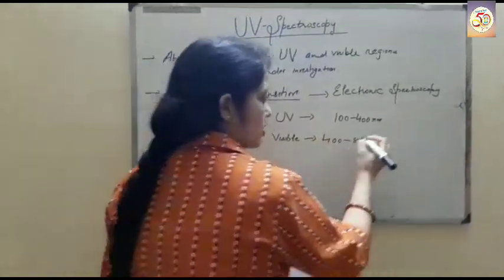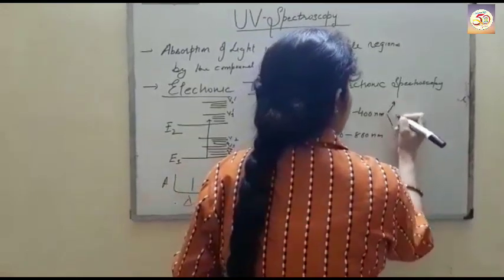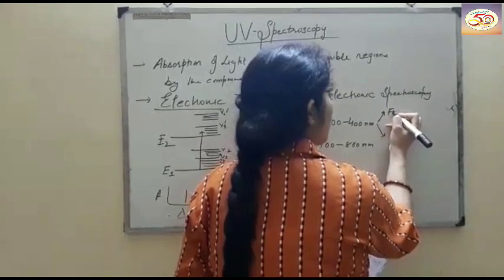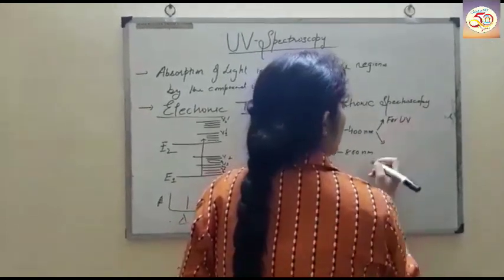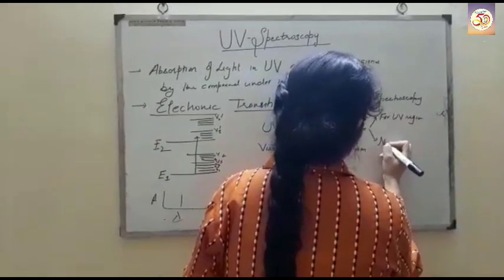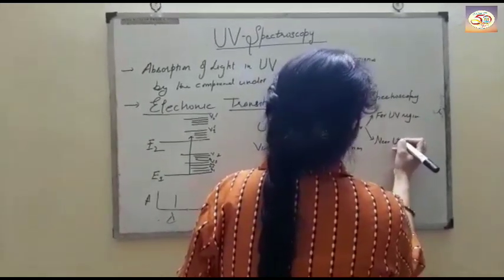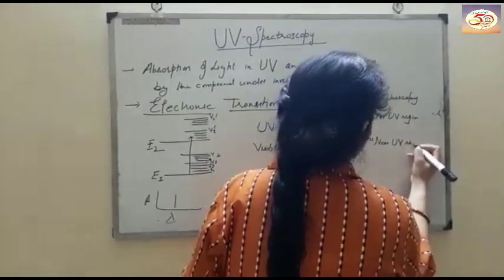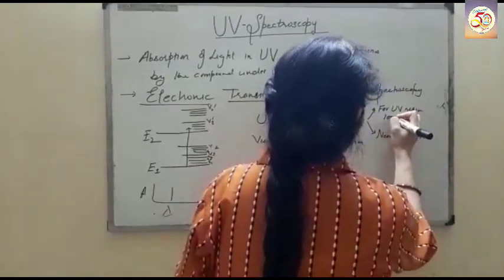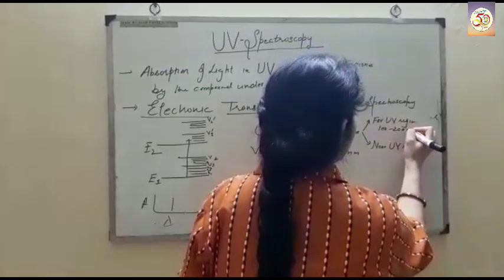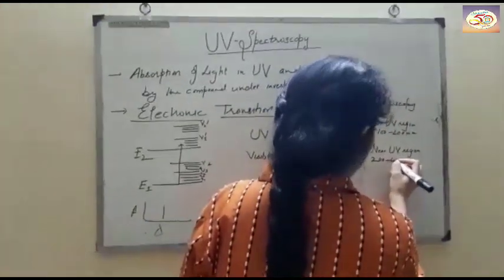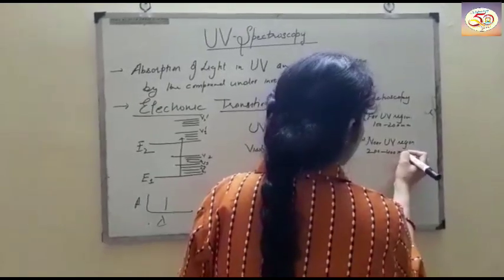The UV region is further subdivided into the far UV region and the near UV region. Far UV ranges from 100 to 200 nanometer, while near UV ranges from 200 to 400 nanometer.